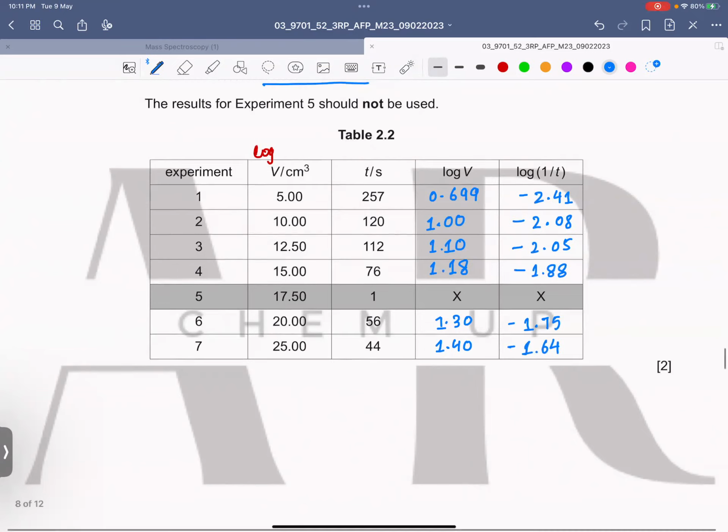So the examiner is asking to plot a graph on the grid to show the relationship between log V and log 1 over T. Use a cross to plot each data point and draw a line of best fit.